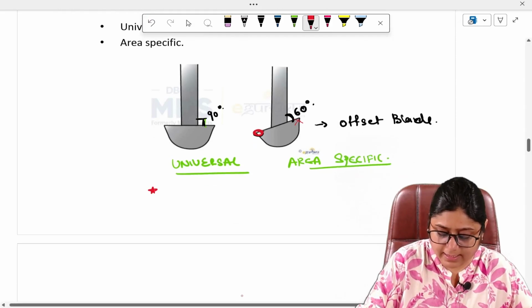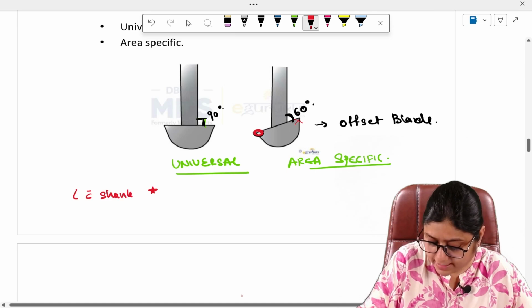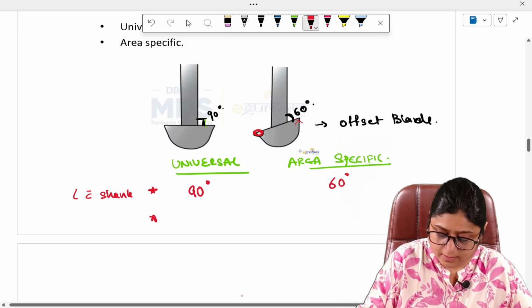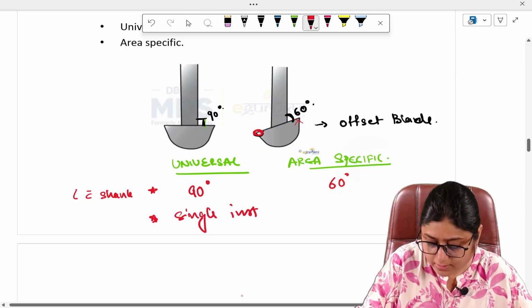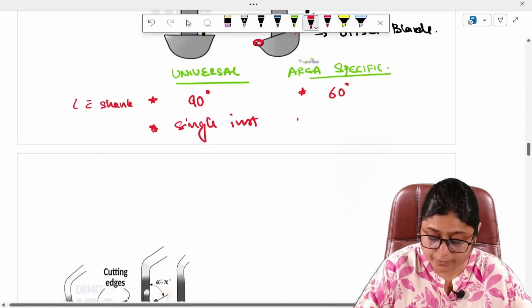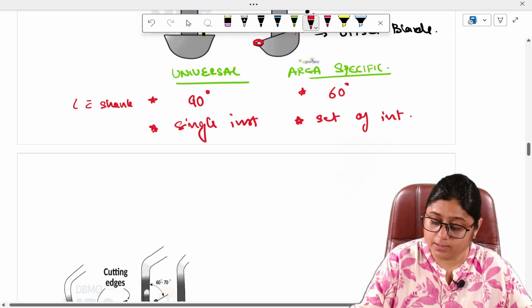In the universal curette, the angle with the shank is 90 degrees. Here it is 60 degrees. It is a single instrument. This is a set of instruments.